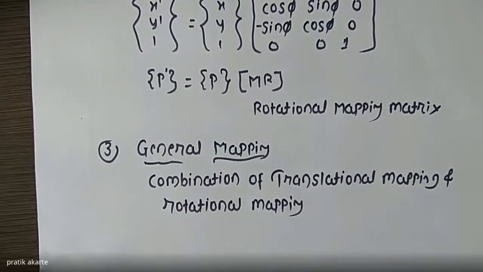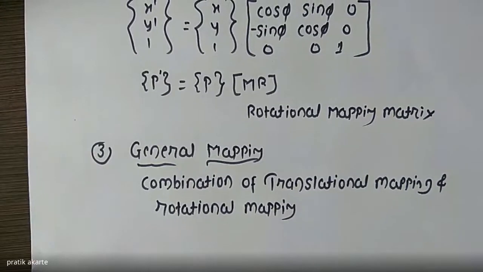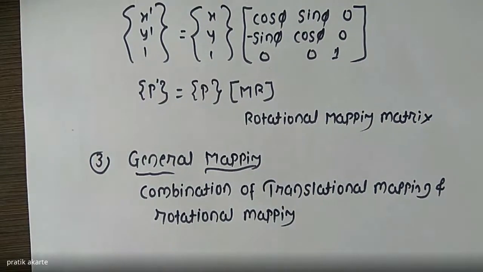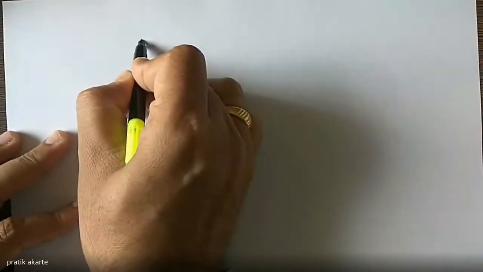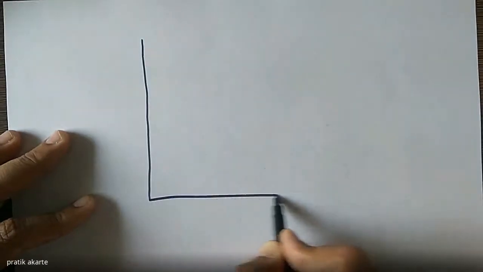Okay, so what does it mean? If the axes are not parallel and the origins are not common, this is the condition, then your mapping is called as general mapping. Let us try to draw the diagram or the axes for this condition.